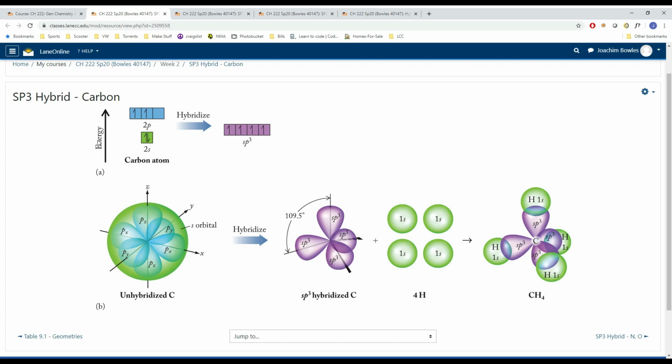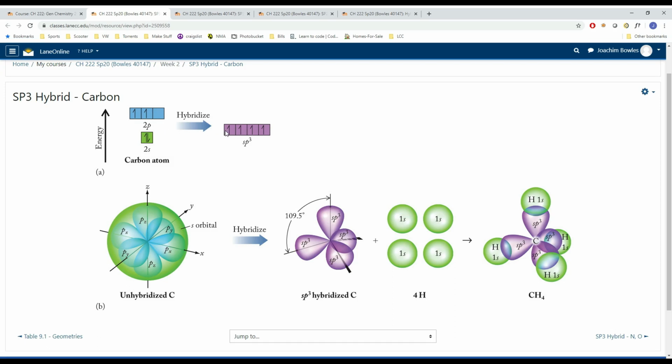These are organized by energy. The 2s orbital is lower energy than the 2p orbitals, which are degenerate. They are equal energy. But we can remix them into new orbitals, and that's the idea of hybridization. We say they become hybridized, and we get what we call sp3 orbitals over here. In the case of carbon, we'll talk about a few other situations in a little bit.